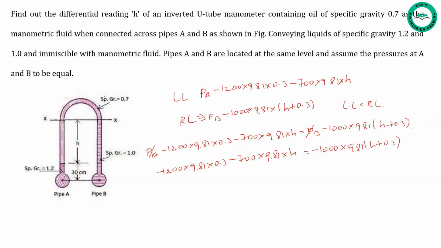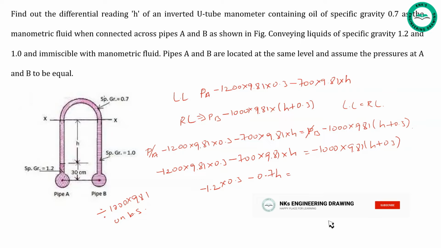Now divide the equation by 1000 into 9.81 on both sides. So the remaining equation will be minus 1.2 into 0.3 minus 0.7h equals minus (h plus 0.3), that is minus h minus 0.3.